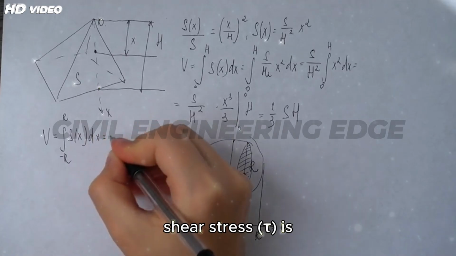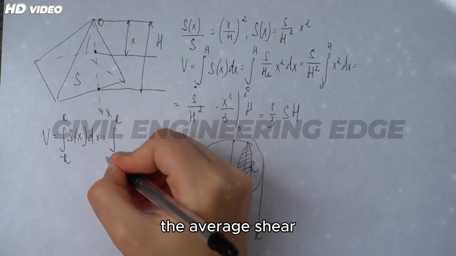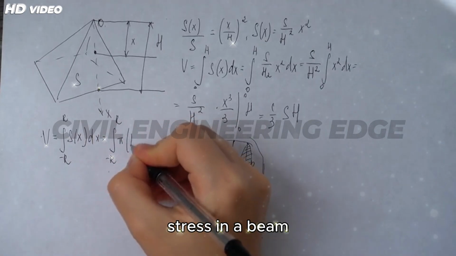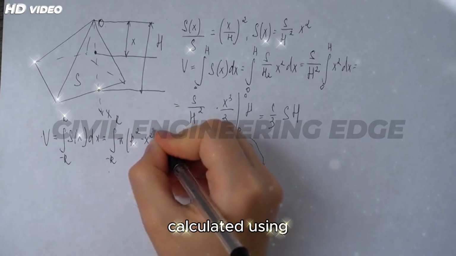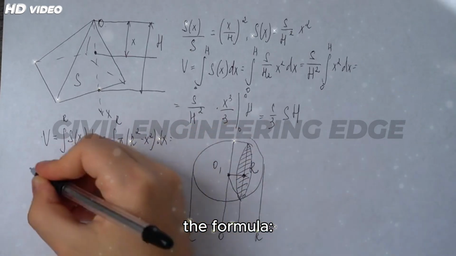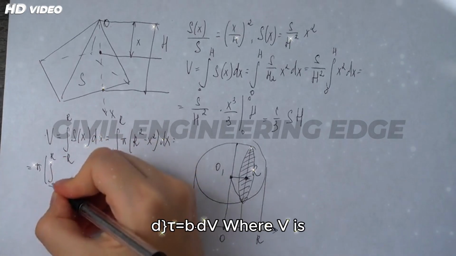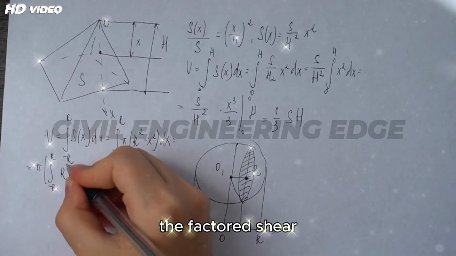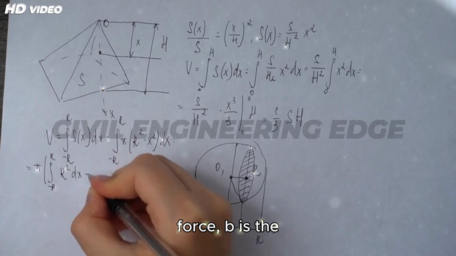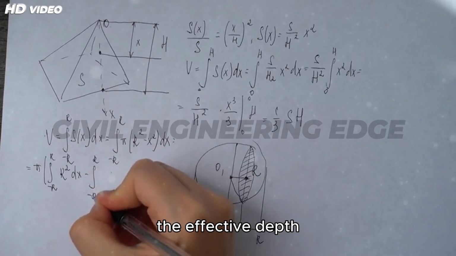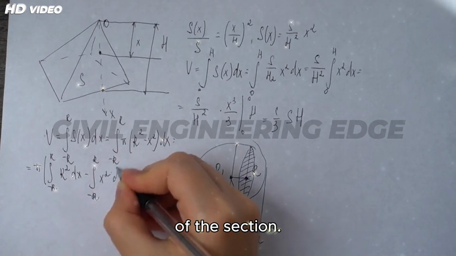Nominal shear stress. Nominal shear stress tau is the average shear stress in a beam section and is calculated using the formula tau equals V/(bd), where V is the factored shear force, b is the breadth, and d is the effective depth of the section.